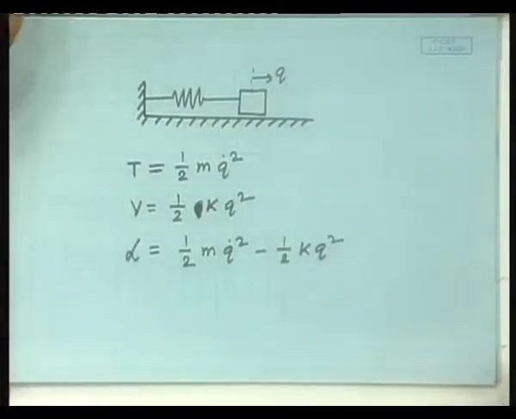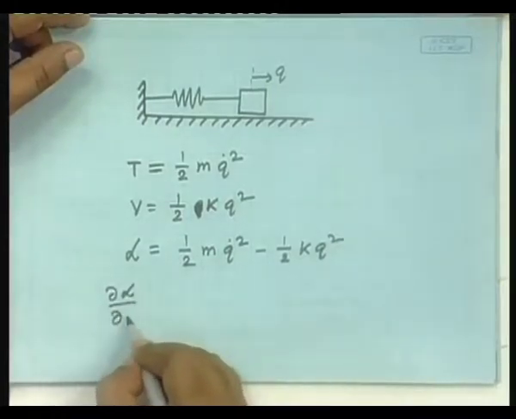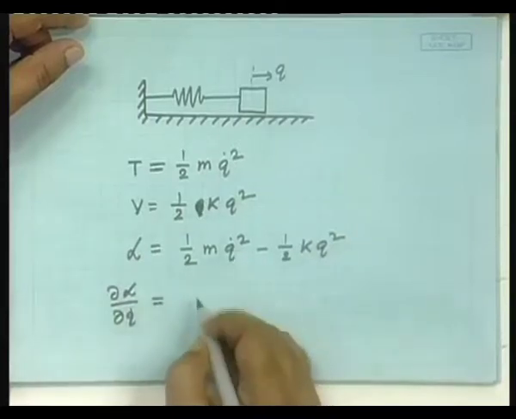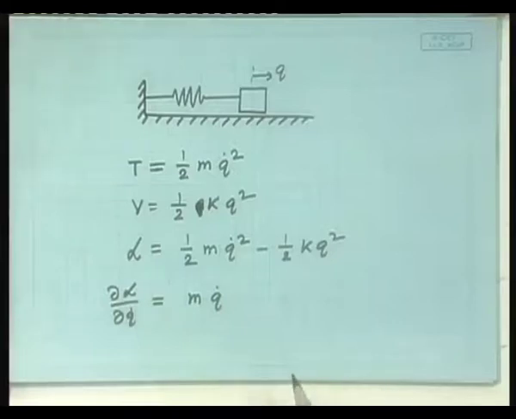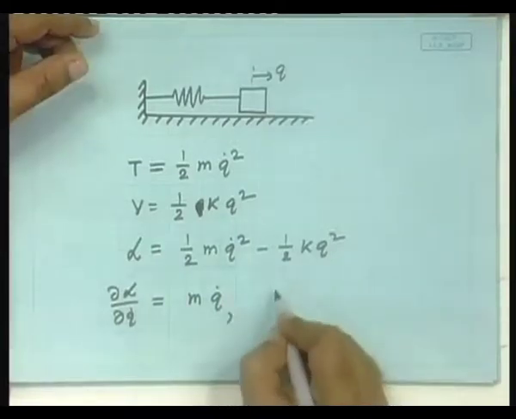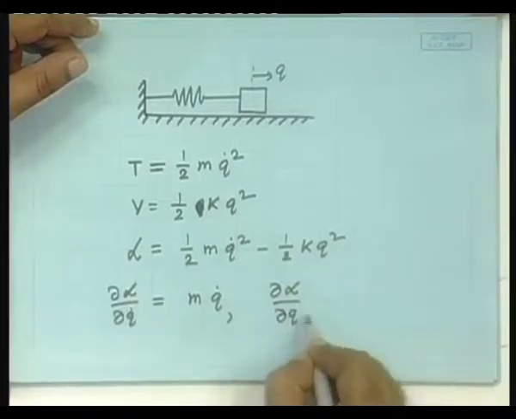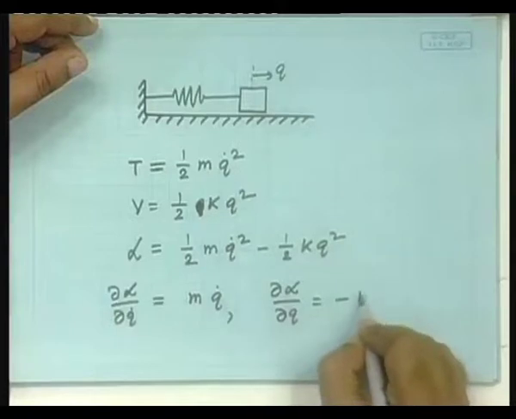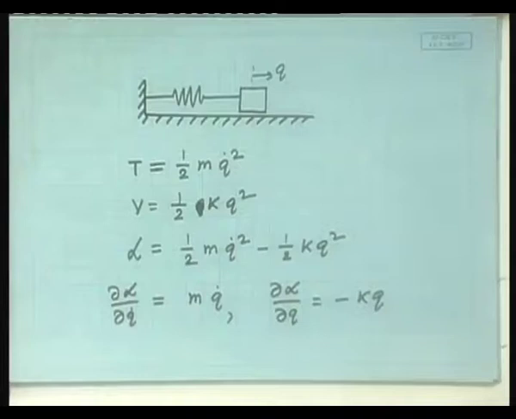So, the derivative of the Lagrangian with respect to q dot is m q dot, and the derivative of the Lagrangian with respect to q is minus k q.